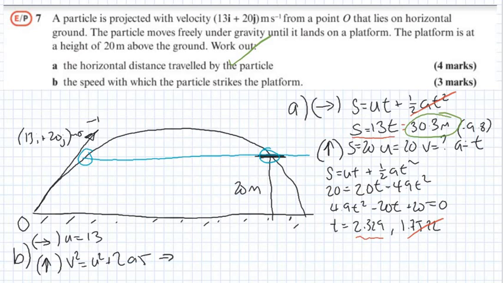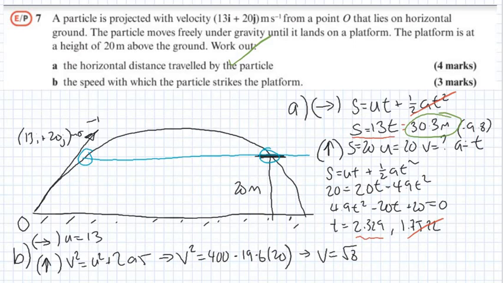So v squared is equal to u squared; u was 20 in the vertical, so that's 400, minus 2 times 9.8, so minus 19.6, times s, which is 20 meters because the point we're looking for is 20 meters above the ground. From that we find that v is equal to the square root of 8.